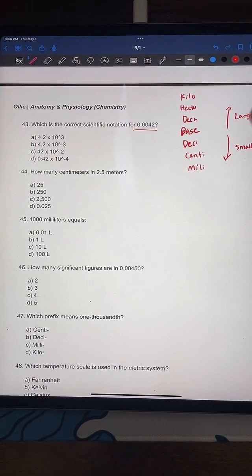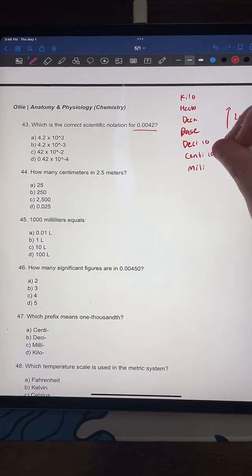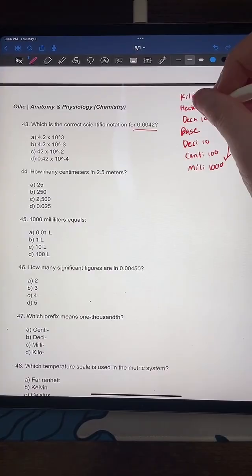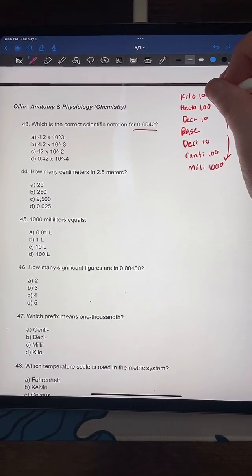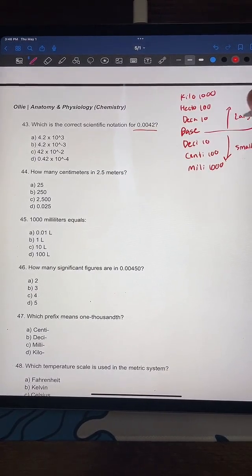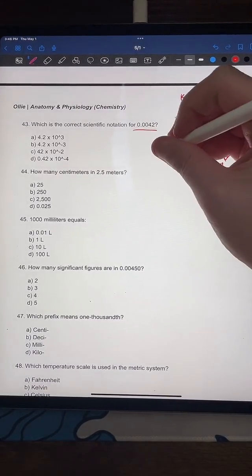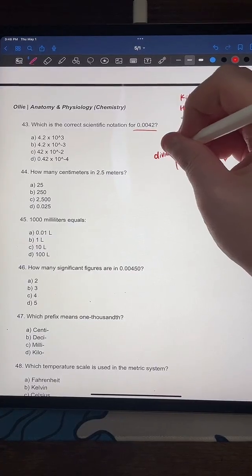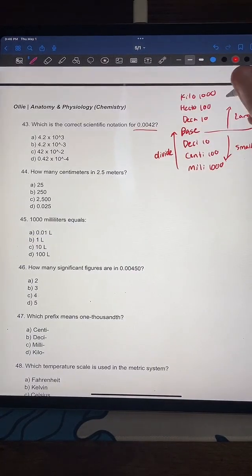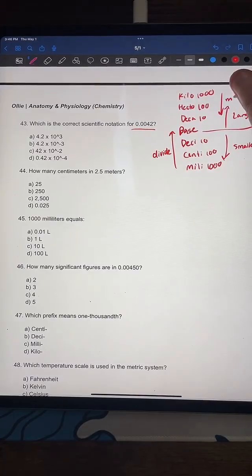And they go by powers of 10: 10, 100, 1,000, and 10, 100, 1,000. And this is your base, right? So to go up, you have to divide. And to go down, you have to multiply.